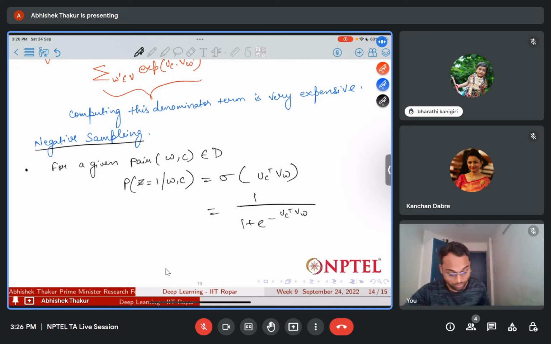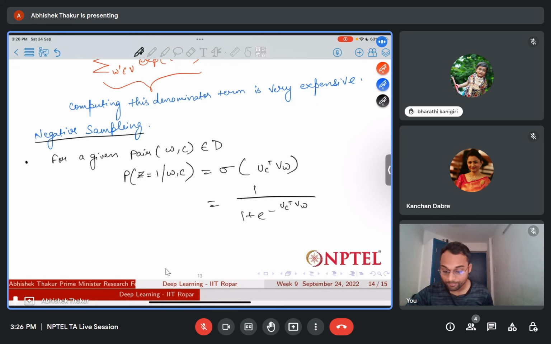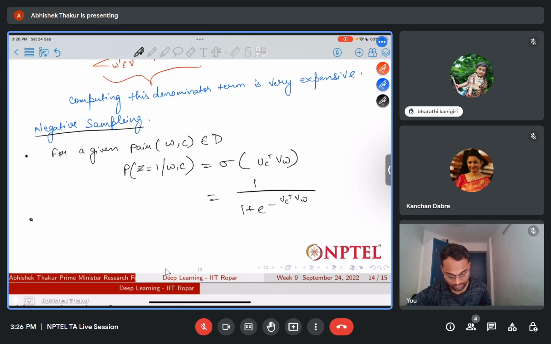Now we also take some negative samples, that is samples which are not occurring, which are not a good match. Let's suppose the pair W comma R is a wrong sample, which we denote as a subset of D dash. This also we have to maximize: the probability that this does not occur.